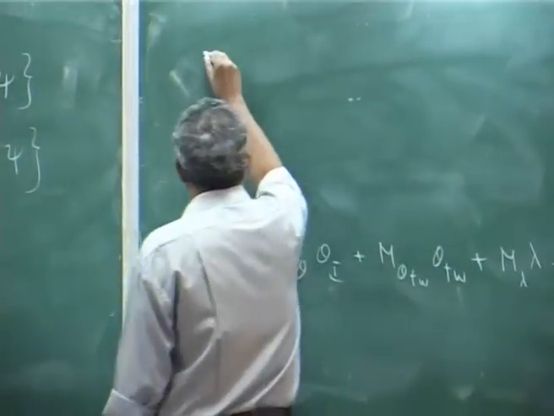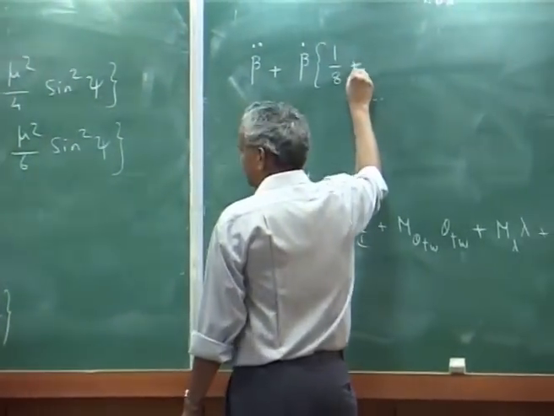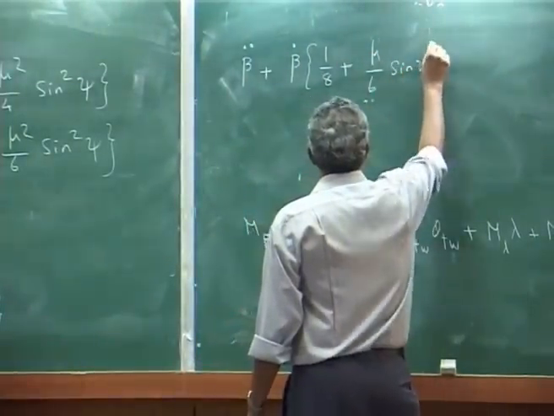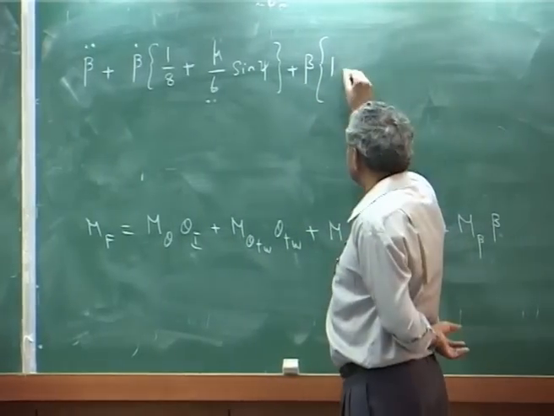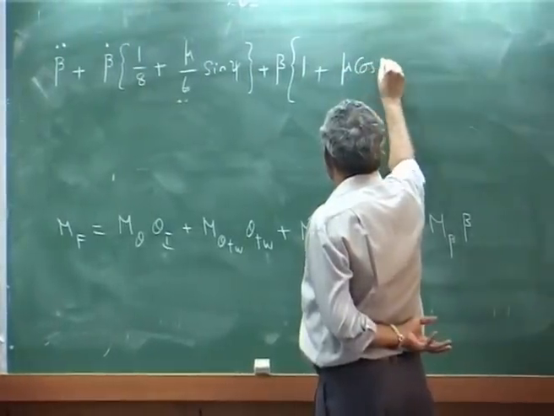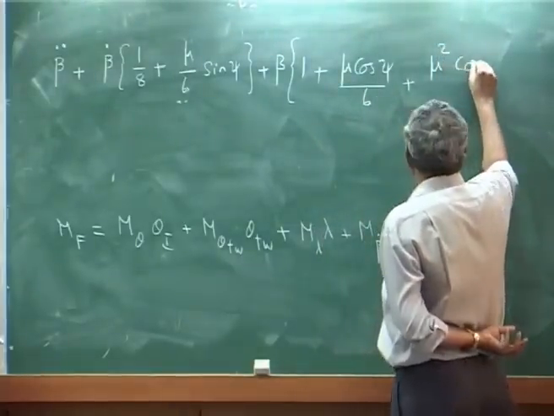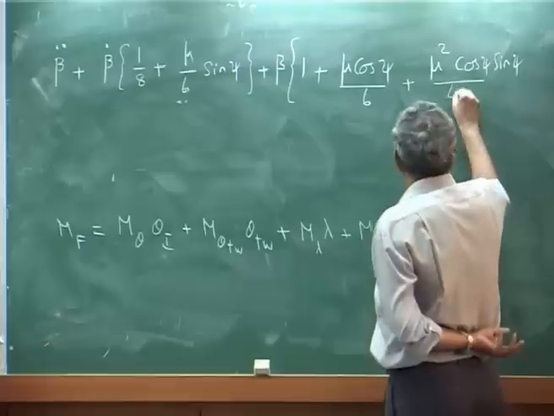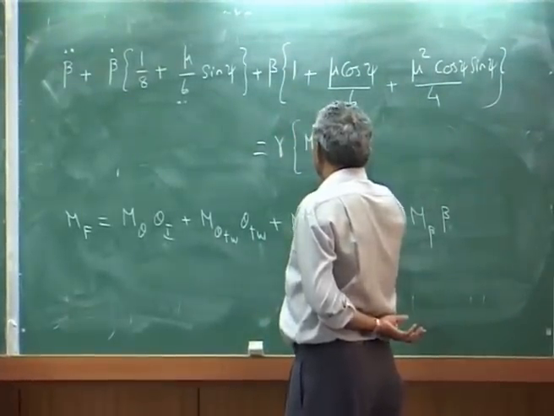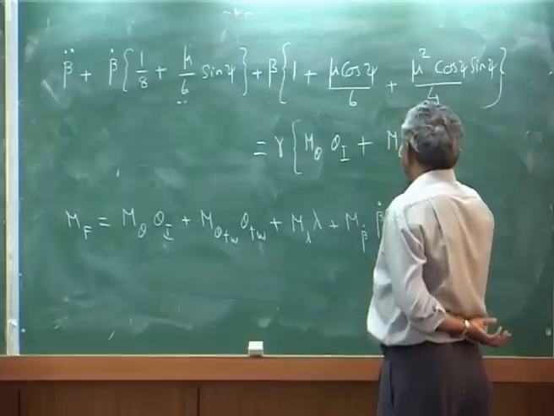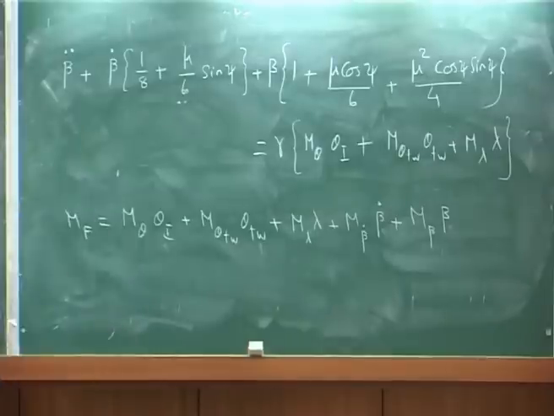Beta double dot plus beta dot times (1 over 8 plus mu over 6 sine psi) plus beta times (1 plus mu cosine psi over 6 plus mu square cosine psi over 4) equals the rest of the terms, that is gamma times (M theta theta I plus M theta twist plus M lambda). Okay, this is your equation.